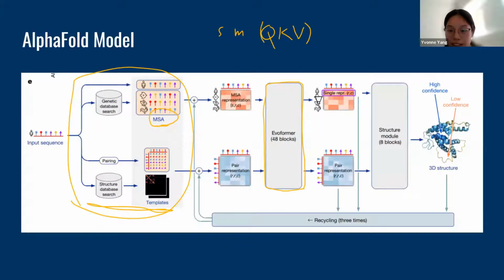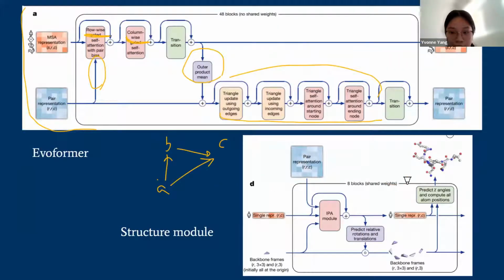And then we see again two flows of information going into the final block, the structure module. And what the structure module does is sort of beyond me. I understand that IPA is the invariant point attention, and what is novel about it, I guess, is that it is invariant to translations and rotations.